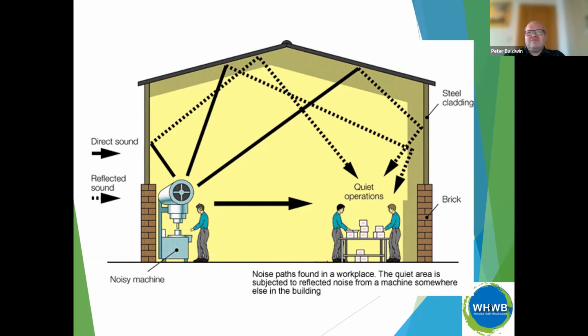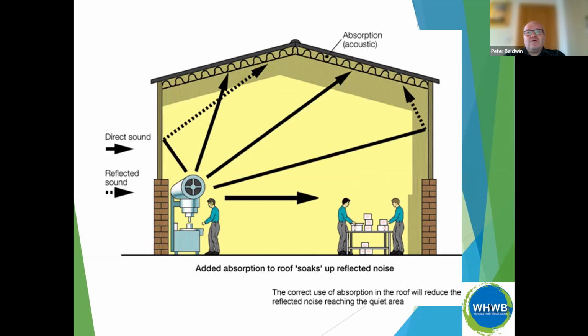So how do you control these noise sources? Well, put some absorption material in the roof and on the walls. So instead of when the noise hits the ceiling or the wall being reflected, it's just absorbed, and it's not retransmitted out, and it soaks up the noise, for want of a better phrase.